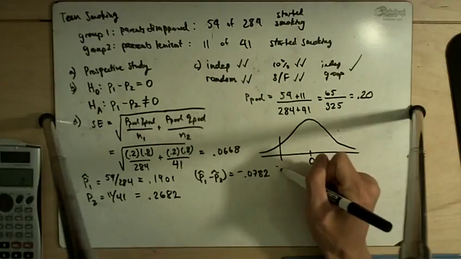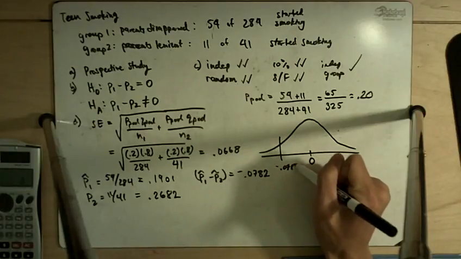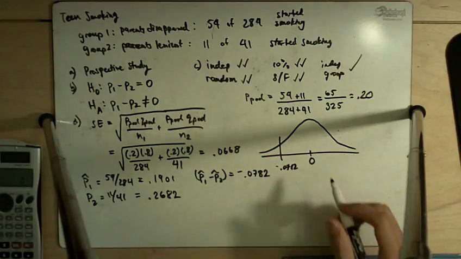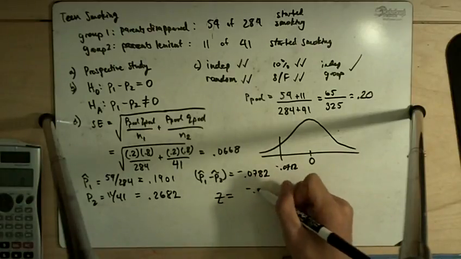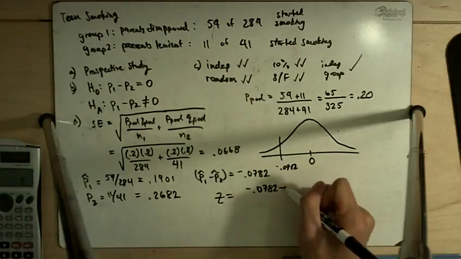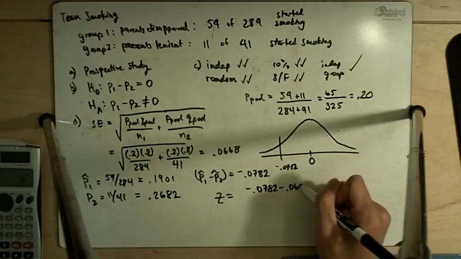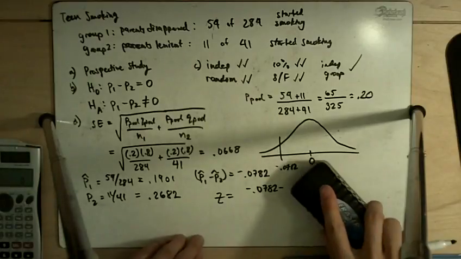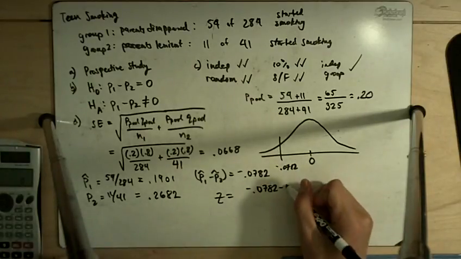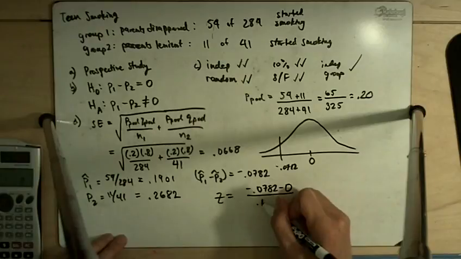Alright, so we're at negative 0.0782, and our standard error is 0.0668. So our z-score is negative 0.0782 minus our mean, which is 0, divided by our standard error of 0.0668.